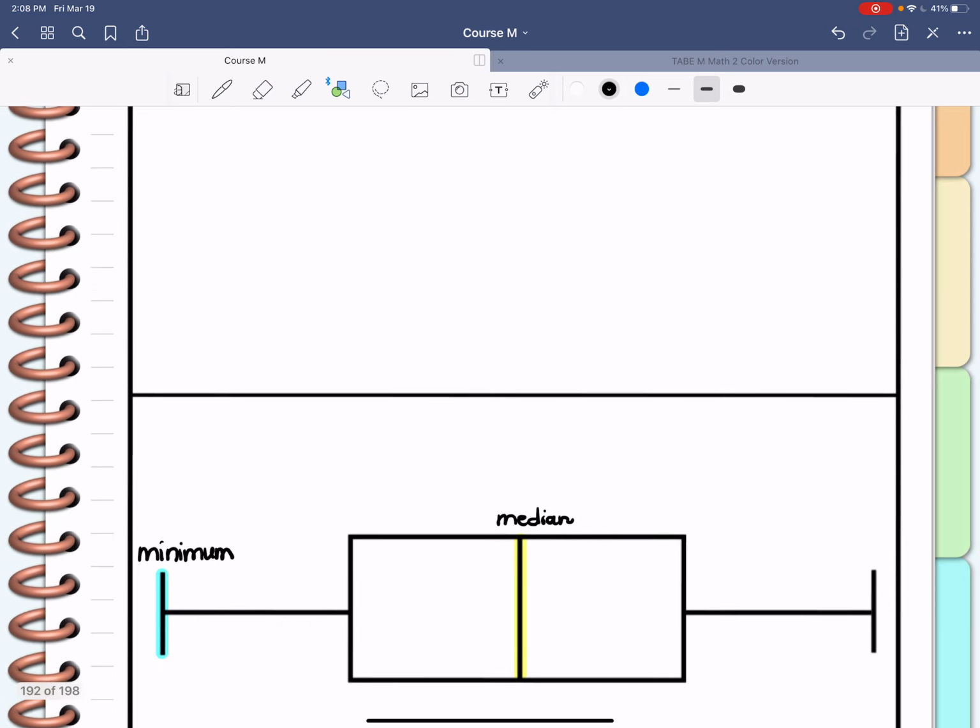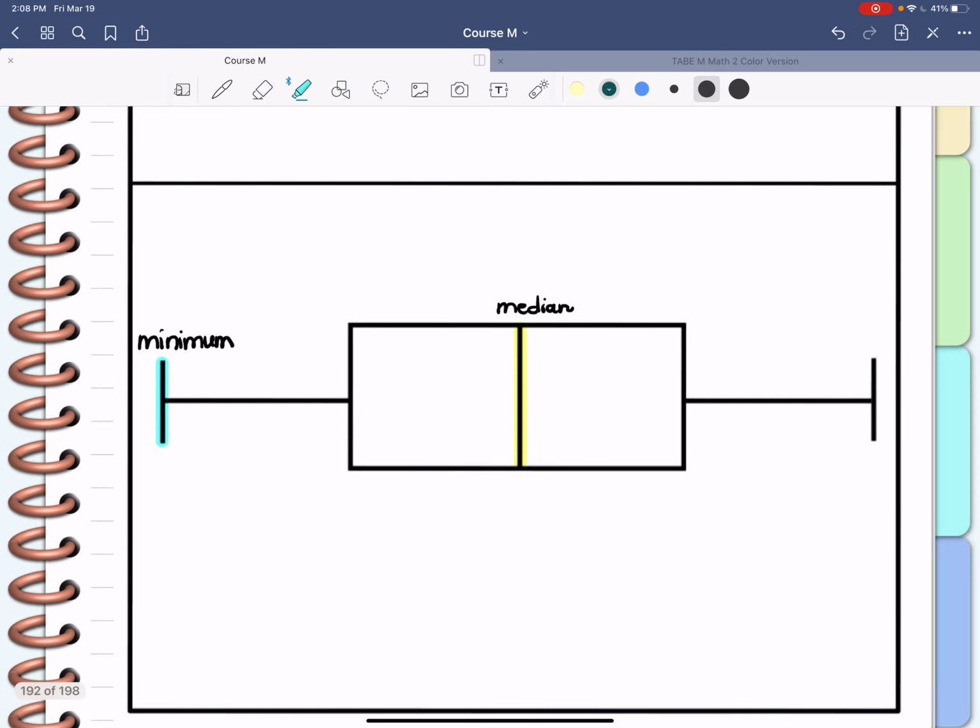Maximum. I'm going to go ahead and do that one with blue also because it goes with minimum. Here's maximum. So there are 3 of the 5 parts.